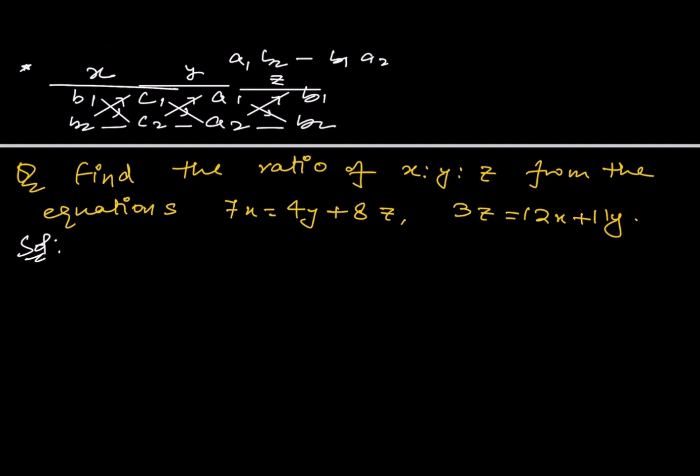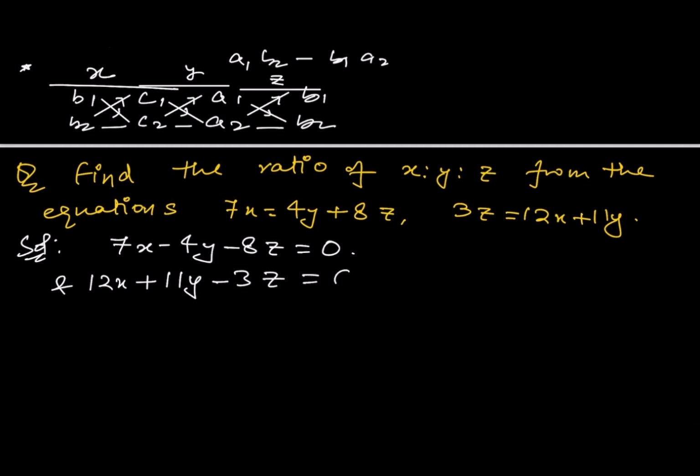So first of all, I am writing this in standard form, that is, in the RHS I am writing 0. So I write this as 7x minus 4y minus 8z is equal to 0 and 12x plus 11y minus 3z is equal to 0, right?